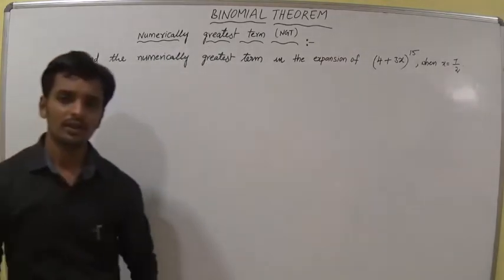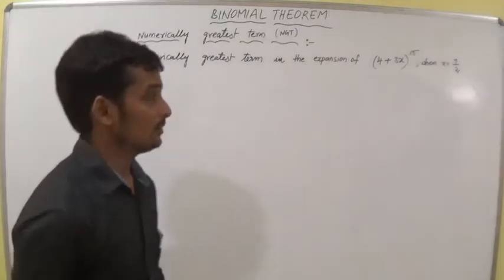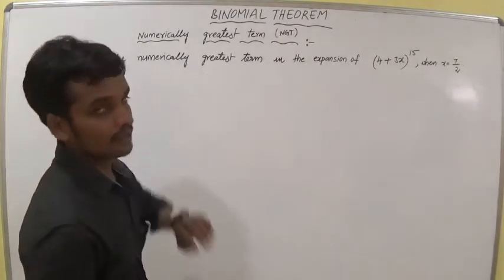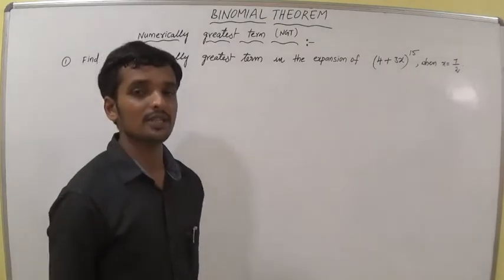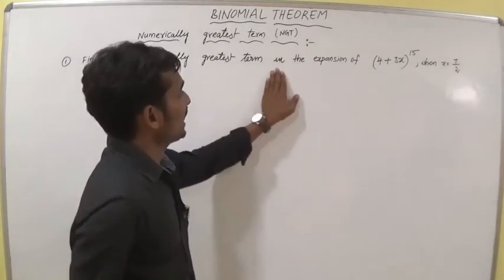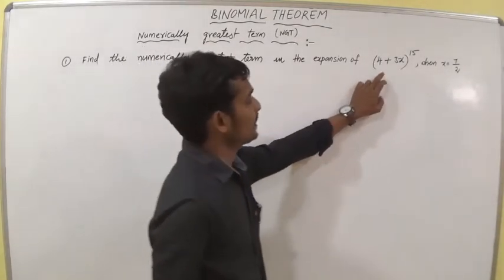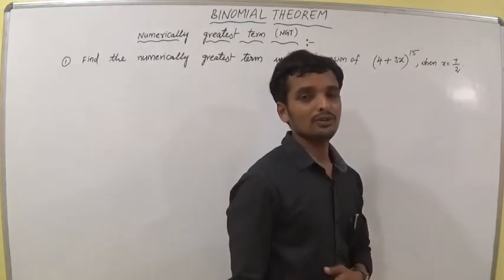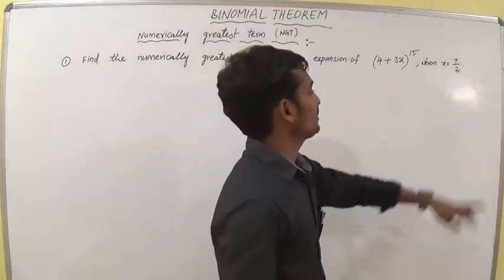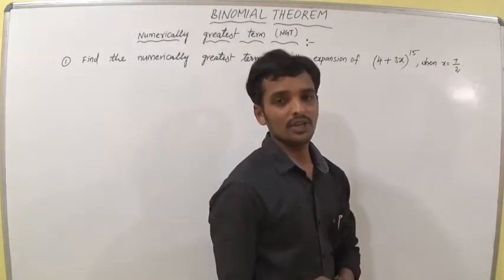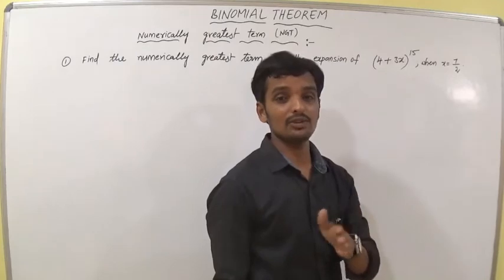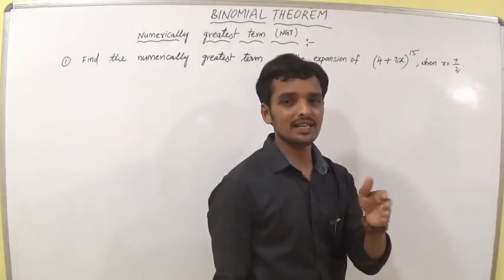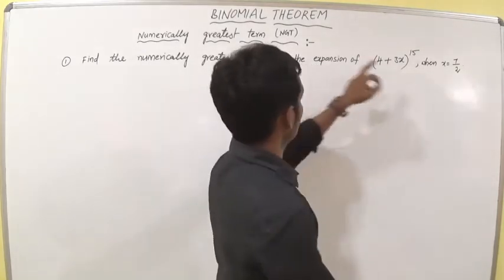Be careful, it's very easy, I am telling you. Observe the question. We have to find which term is the numerically greatest in the expansion of (4 + 3x)^15 when x is 7/2. Why are they giving the value x = 7/2? If they did not give the value of x, we would get the binomial expansion with x squared, x to the power of 5, up to x to the power of 15.